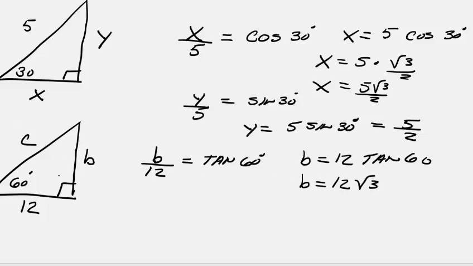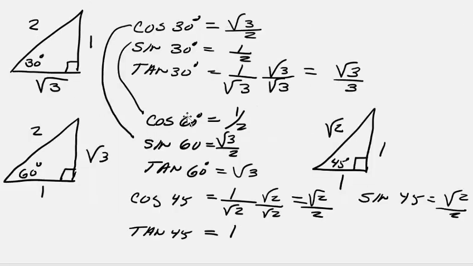Alright, to find c. c is maybe a little bit harder, but can we not say that 12 over c, adjacent over hypotenuse, is equal to the cosine of 60 degrees? Well, what do we know about the cosine of 60? Let's go back to our picture and look. Cosine of 60 is 1 over 2.